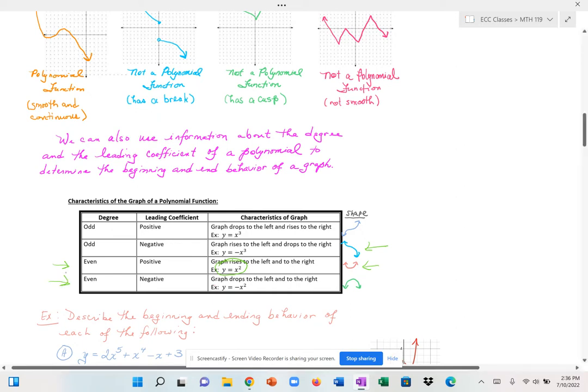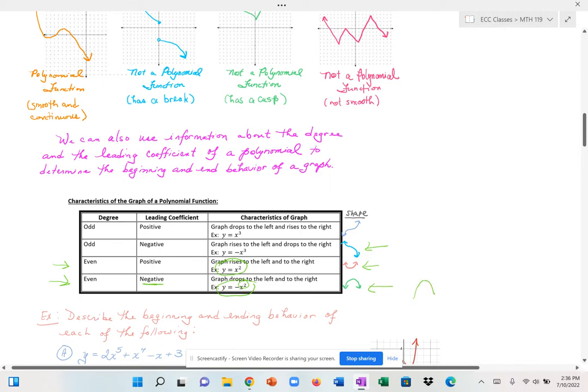But then it's the opposite behavior here. Degree is even, leading coefficient is negative. So this would be my example. That's an upside down parabola. So that drops left and drops right. The higher this degree is, the more likely that there'll be more oscillation, but the beginning and ending behavior would be the same.